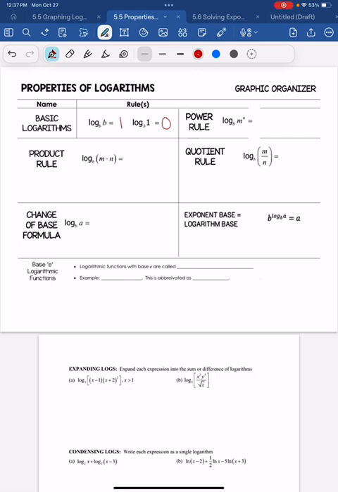Okay, power rule says that if you have an exponent, you bring it down in front and you make it a coefficient. So the log base b of m to the n is n times the log base b of m. Product rule says that if you multiply arguments, okay, this is an argument. Multiply arguments, you are going to add the logs.